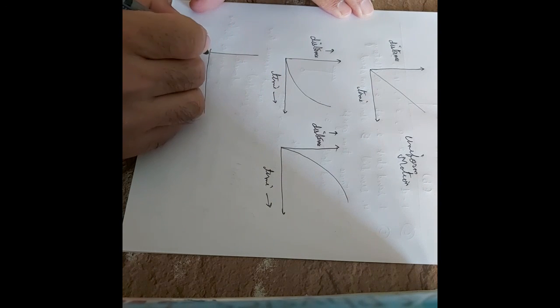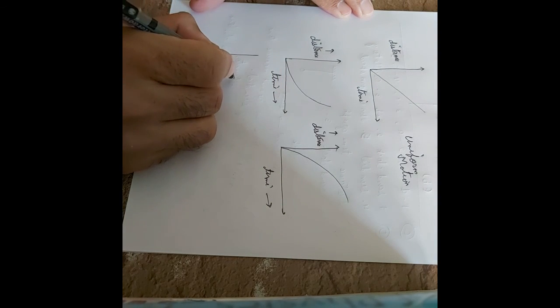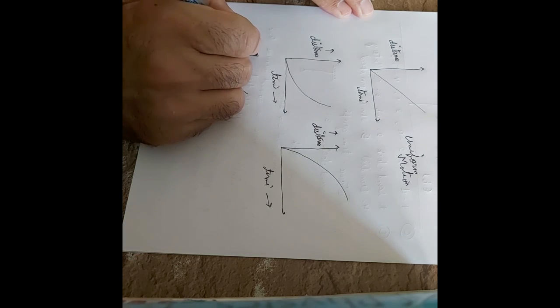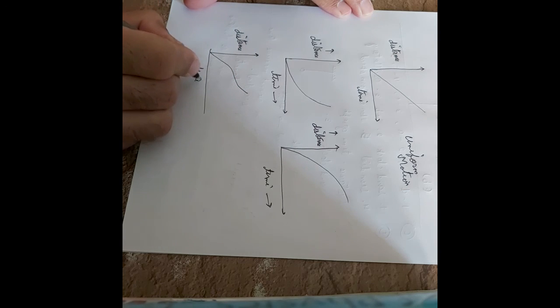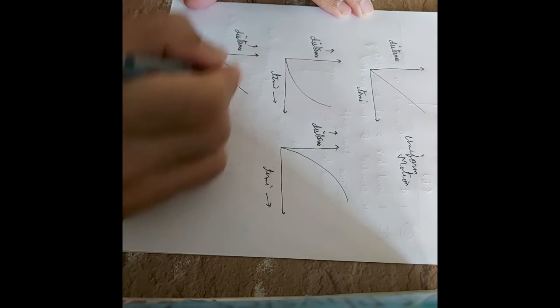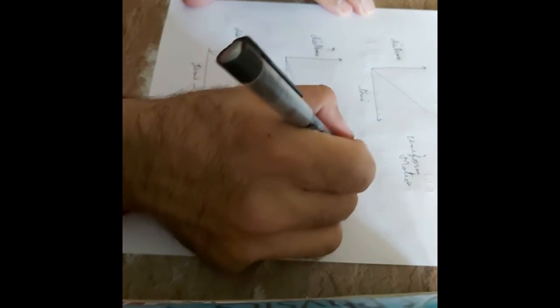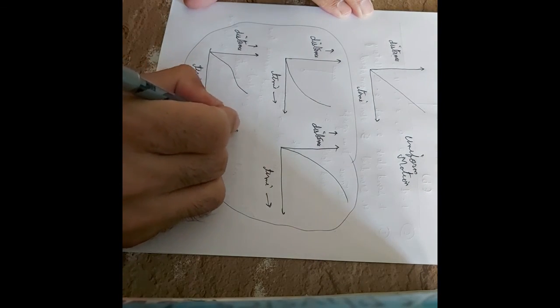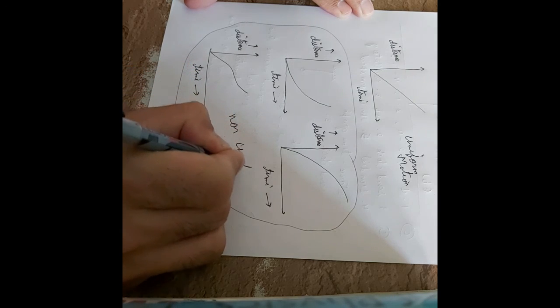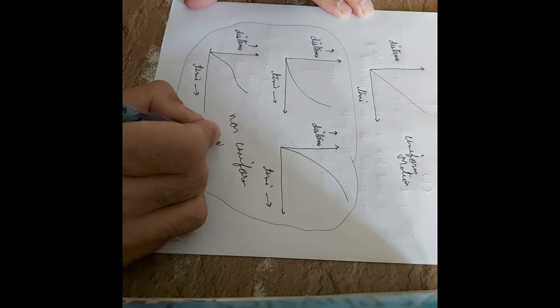This graph is also a graph of non-uniform motion. So all these three graphs represent non-uniform motion.